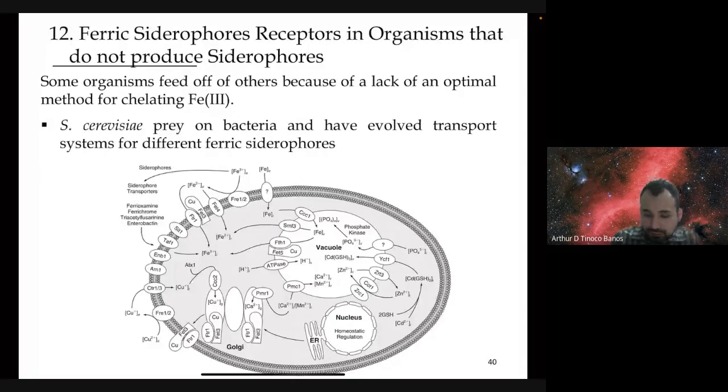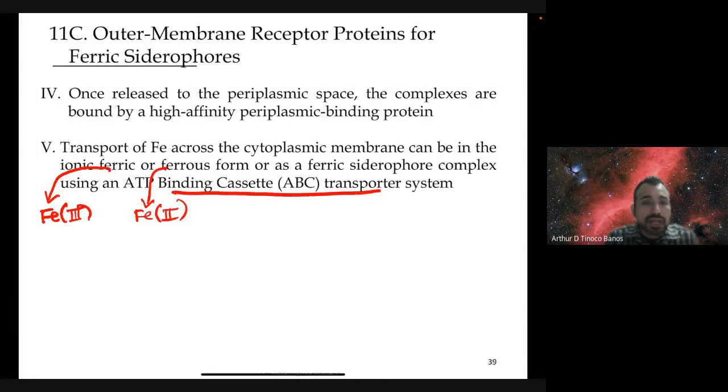So what does that mean? You can have movement of the iron facilitated by that transporter as an ion, whether iron 3 or iron 2, with no ligand surrounding it, or as the iron siderophore complex, where the complex keeps maintaining the iron to facilitate this movement.